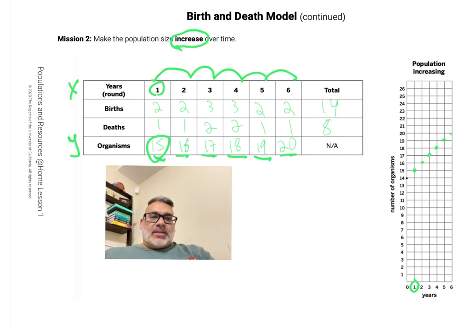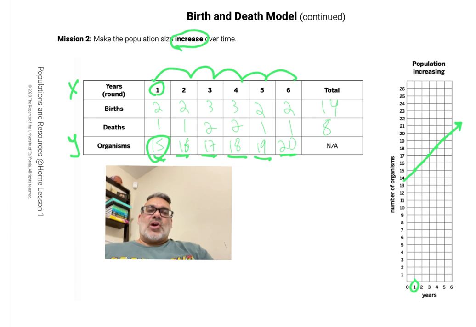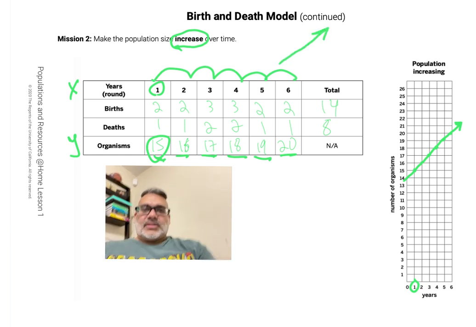And so this line, if I connect all the dots, the line is going from left to right in an upward direction. So for an increase over time, you are going to get a line that should look like this. Like so.